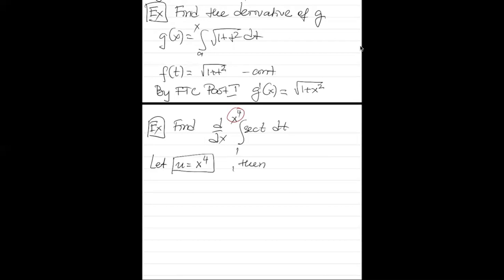Then we're going to use that d dx is the same as d du times du dx. Okay, so now we're continuing the problem here. Instead of d dx, I'm going to do d du, and then the integral with the substitution from 1 to u, secant t dt, and then du dx.